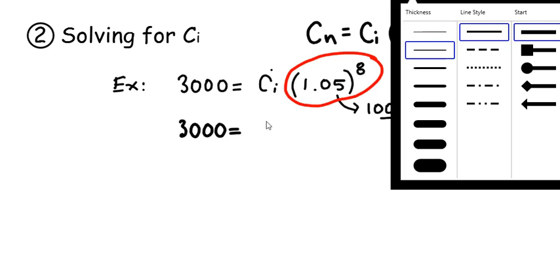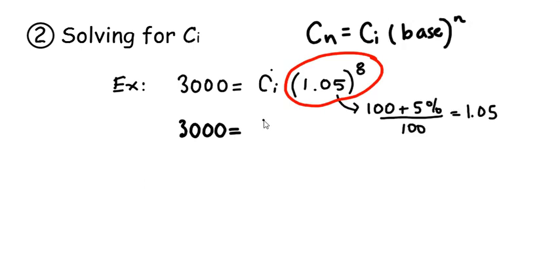Now, this value is the only value I'm solving for, so I'm just going to call it C. I don't need the little I because I don't need to distinguish. There's only one unknown. You can also call it X if you want. So this becomes 1.477.